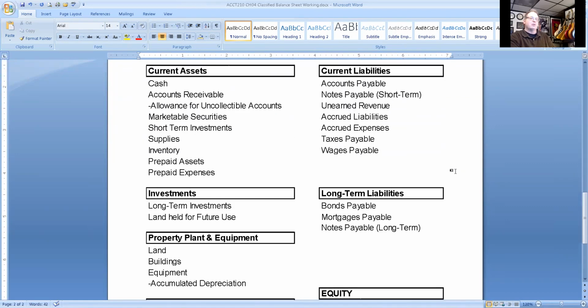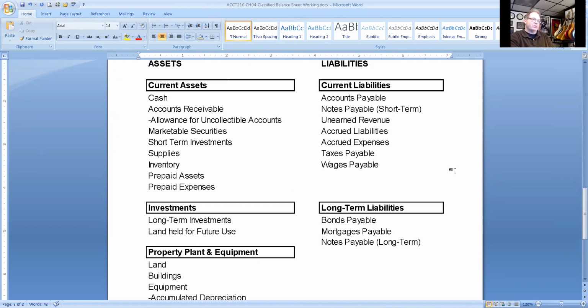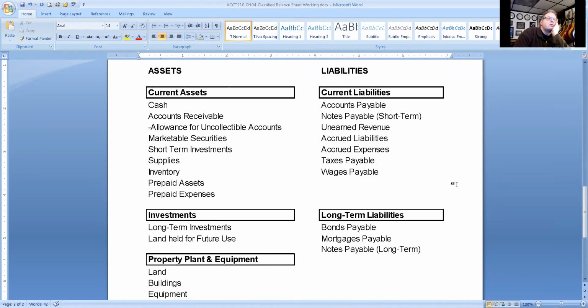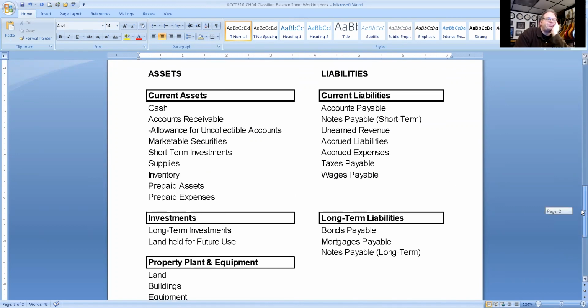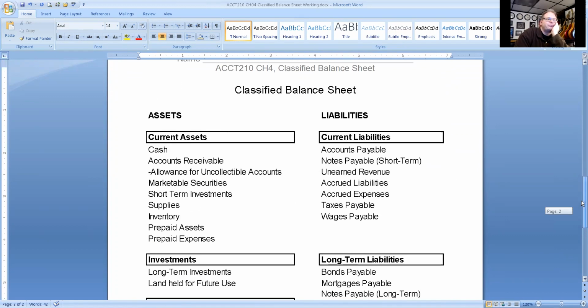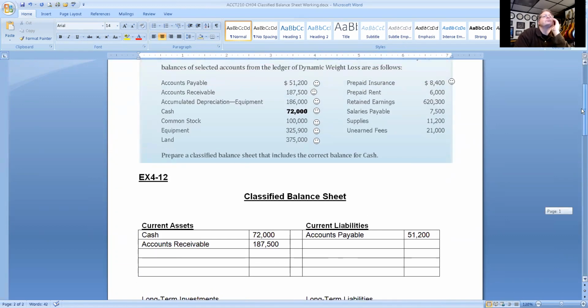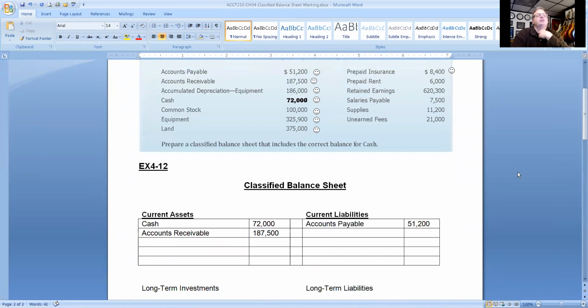Well, first of all, you guys remember it's an asset, so you pay something ahead of time. So where is it most likely going to be? Prepaid insurance.